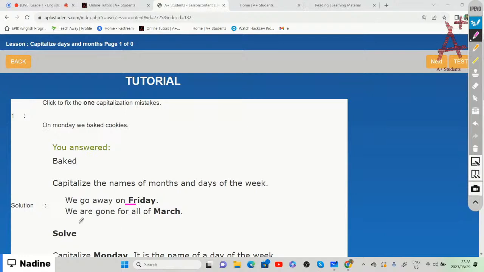The same with we are gone for all of March, right? The first letter of March is capitalized, meaning it is written with a capital letter. So Friday as well as March, right? These are, for example, Friday is days of the week.